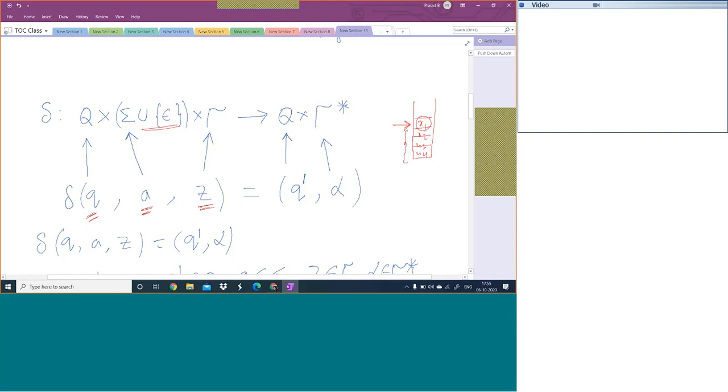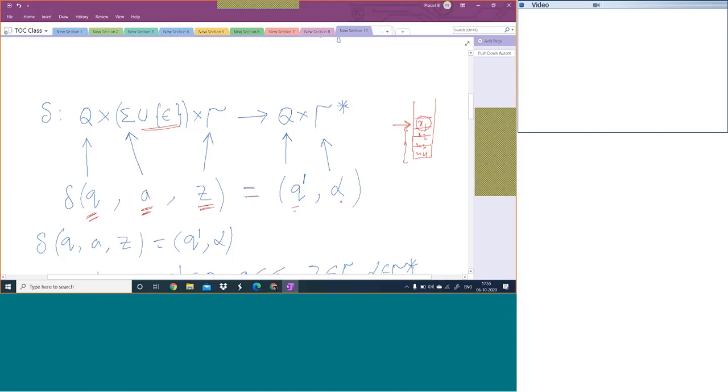After completion of this transaction, the PDA will give another state, meaning it may change the state or it may remain in the same state. Now at present in this transaction the state is Q. After completion of this transaction the state may remain the same or it may go to Q dash. That depends on the requirement. So clearly, after completion of this transaction the state may or may not change.